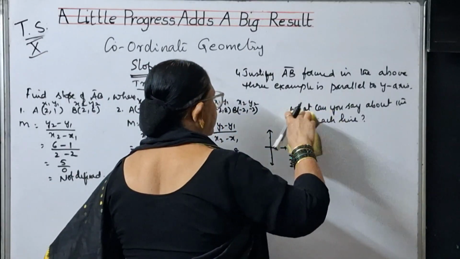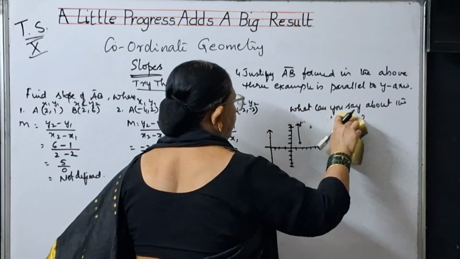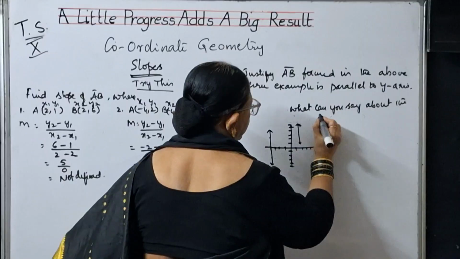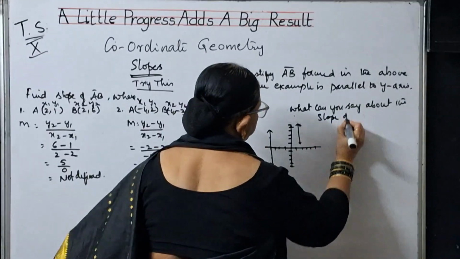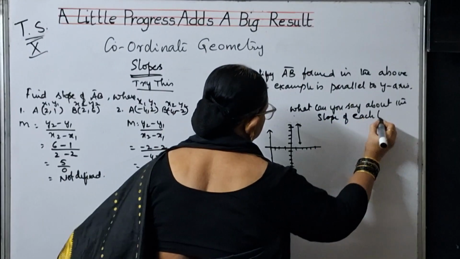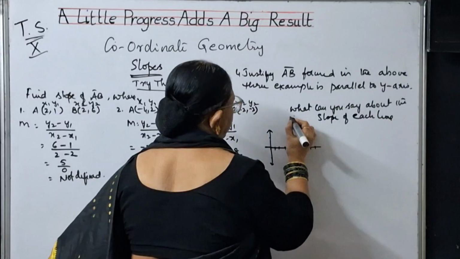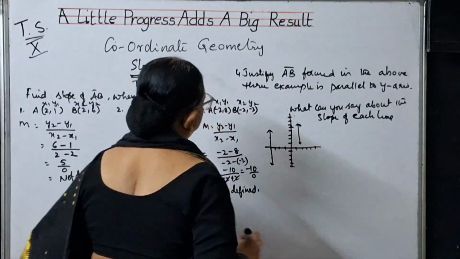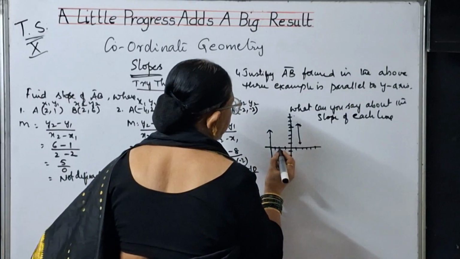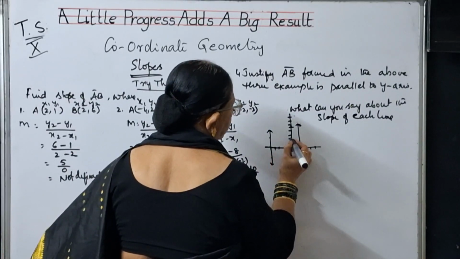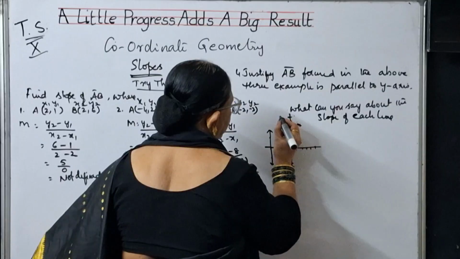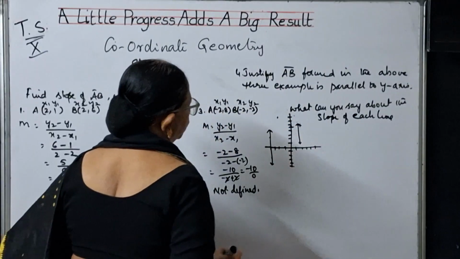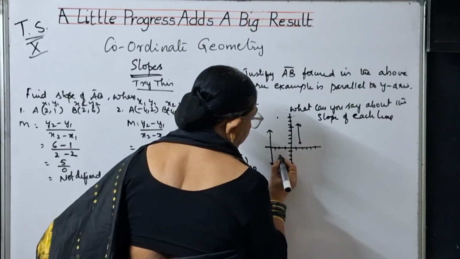So that I can extend it, this one, 6 7 8. So what is that? Minus 2 comma 8. 8 means 1 2 3 4 5 6 7 8 here. This is minus 2 comma 8, and minus 2 comma minus 2 is here.